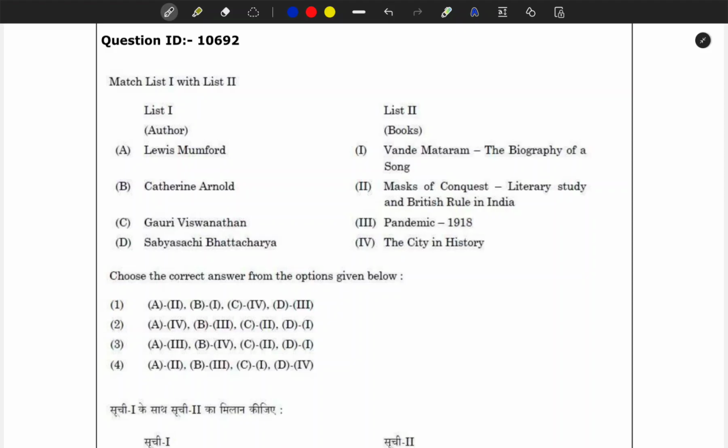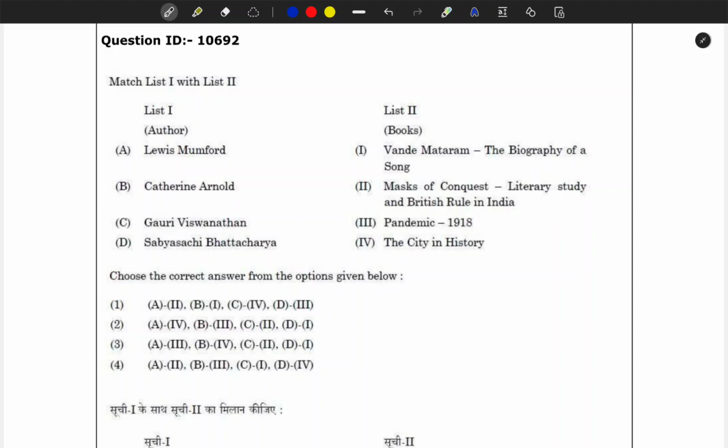It shows how you have read in your Masters, whether you have gone through Sabyasachi Bhattacharya's books, and whether you know on which kind of work Gauri Viswanathan works. If you know that, this is an easy question. If you don't know that, this is a very difficult question for you. So here again you have to play the 50-50 game.